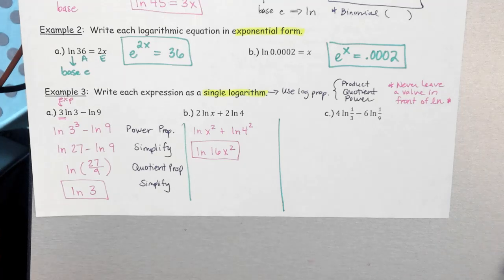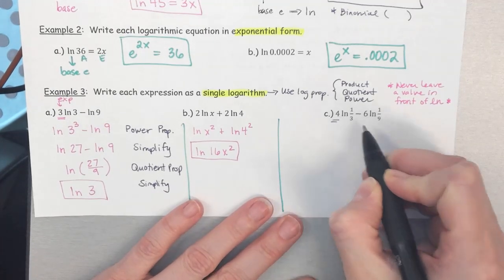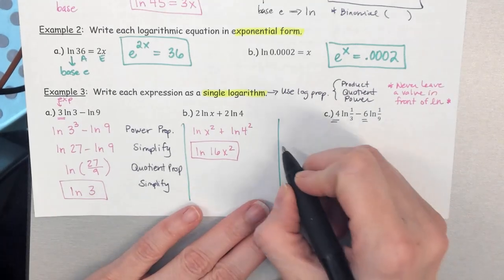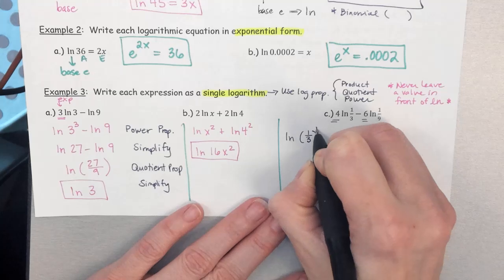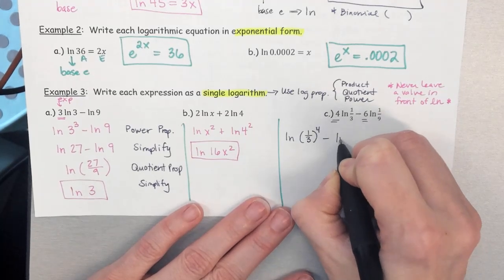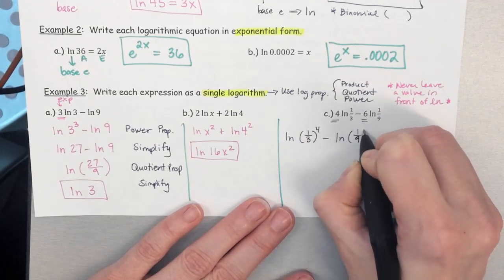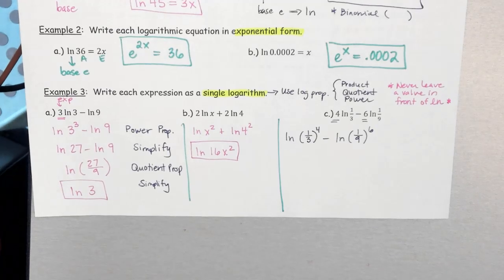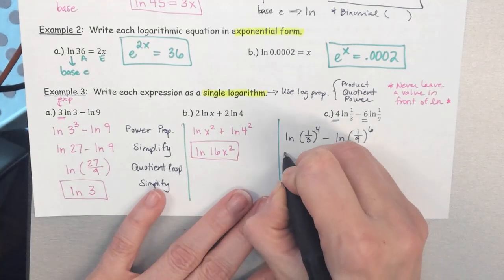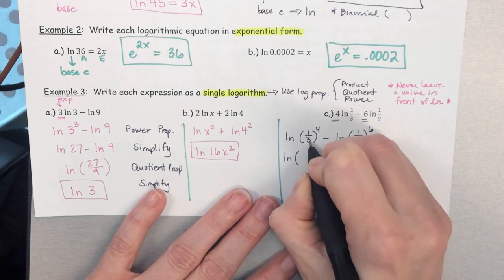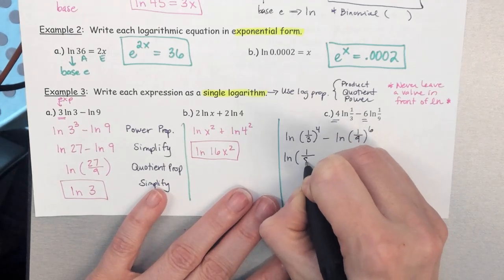So the first step is, again, anything that's in front we're going to write as a power. So we're going to do the natural log of 1/3 to the 4th minus the natural log of 1/9 to the 6th. Okay, so when you simplify, 1 to the 4th is 1, okay, and then you have 3 to the 4th, which, what's that going to be? 81, good.